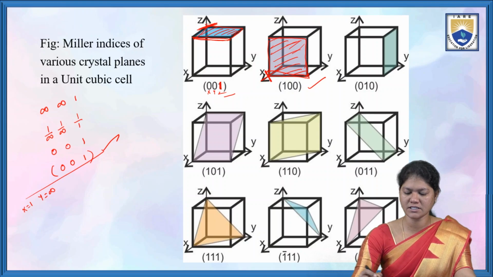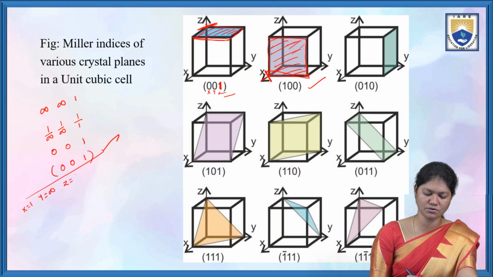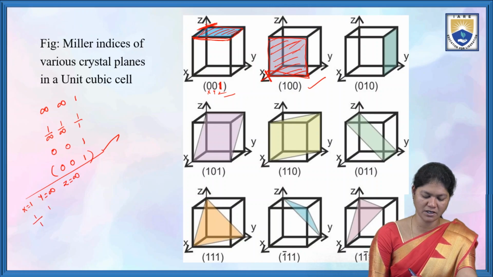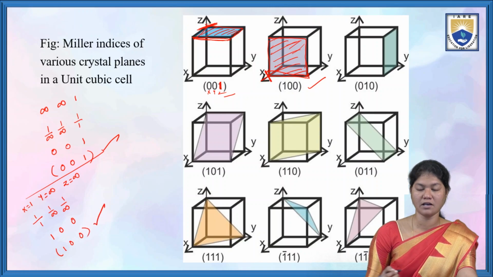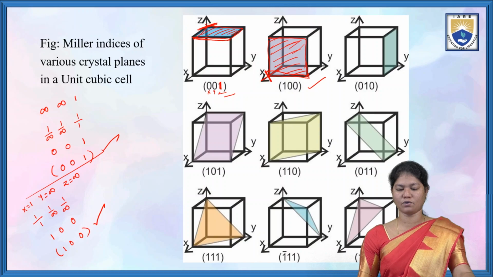And on the Z axis there is no interception, so infinity. Take the reciprocal: 1 by 1, 1 by infinity, 1 by infinity, and convert into integers: 1, 0, 0. Representing in parenthesis gives the Miller indices 100.